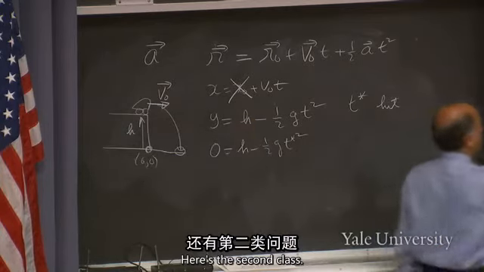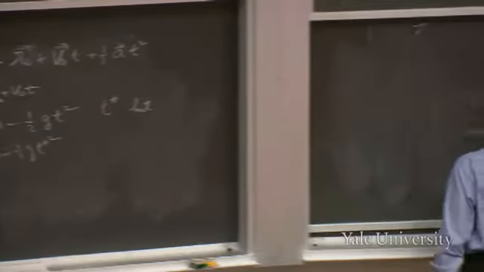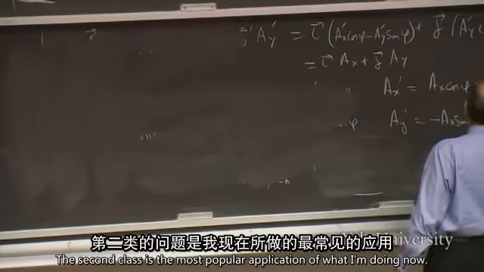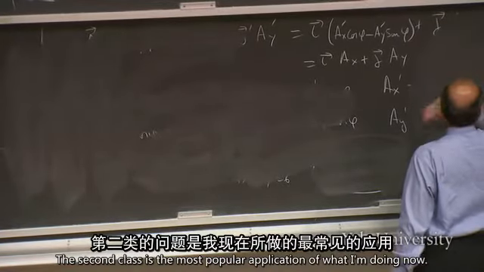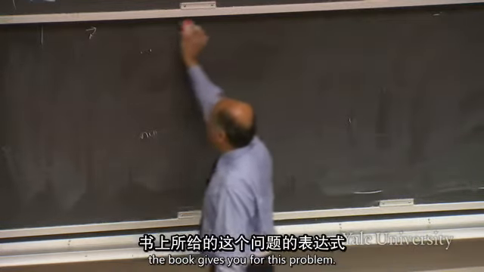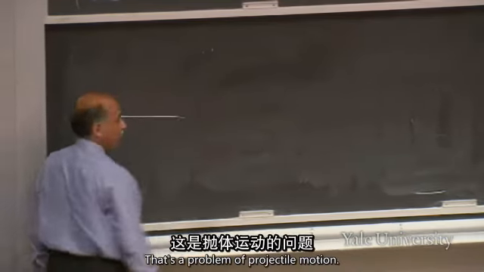So here's a second class. The second class is the most popular application of what I'm doing now. But I want you not to memorize every formula the book gives you for this problem. That's the problem of projectile motion.